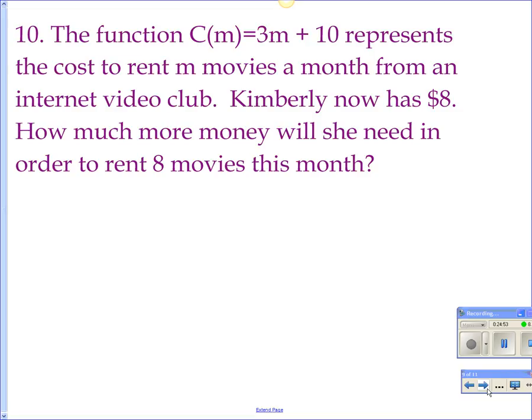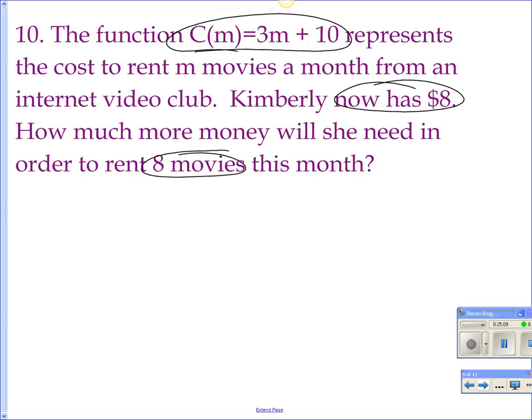Tamara, something to circle. Okay. Joey, something else to circle. Okay. Jacob King. And Andrea, last thing that needs to be circled. What does M stand for? Movies. M is movies.